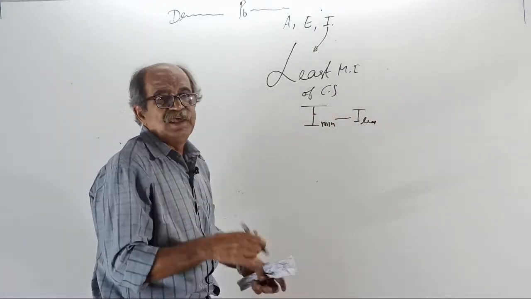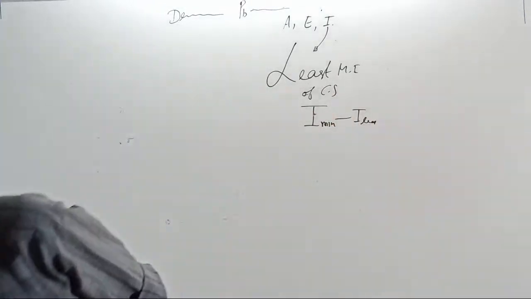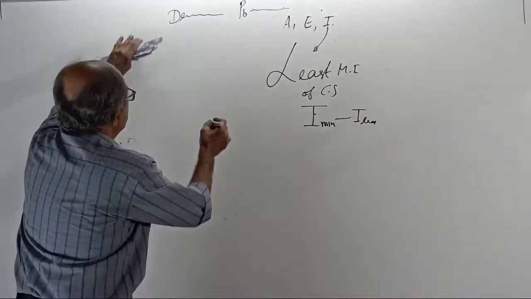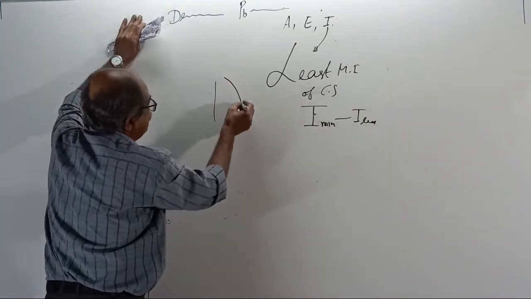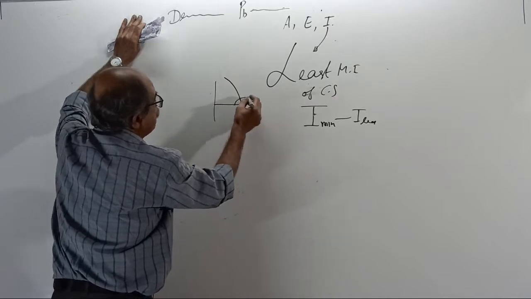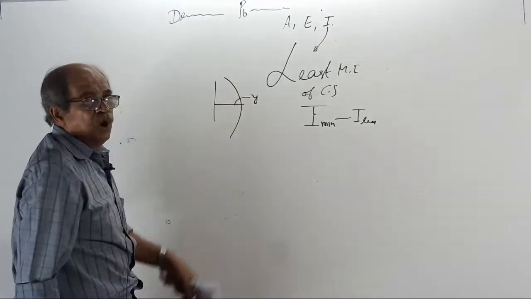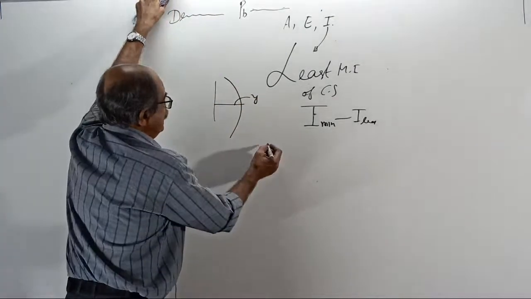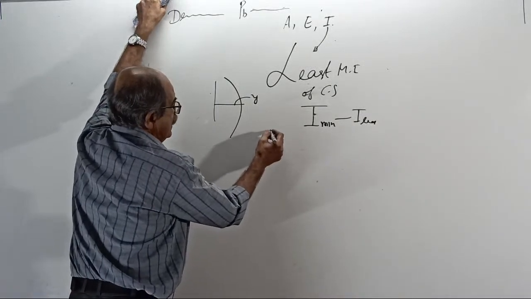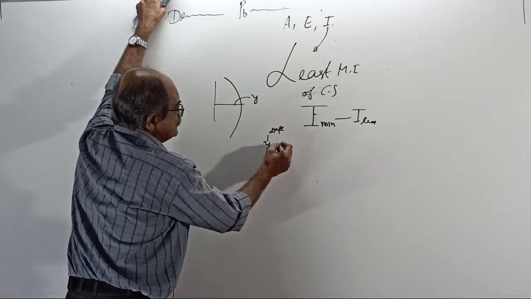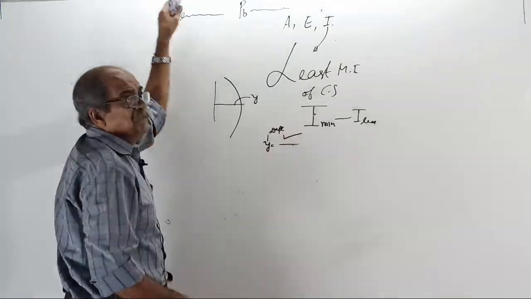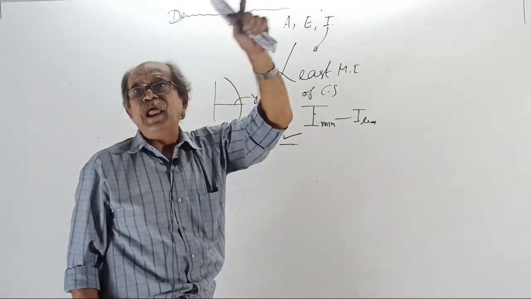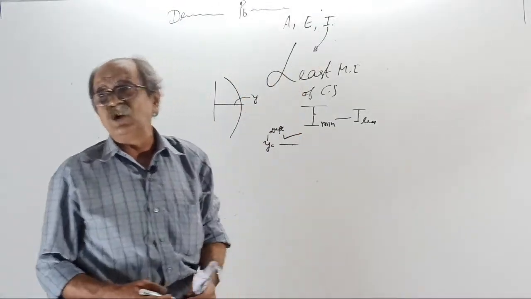Reason is very simple. See, when the member bends, it will deflect this way. This is called deflection Y. You know that in strength of materials, the deflection Y will always have some property of load and span in the numerator. Yes or no?